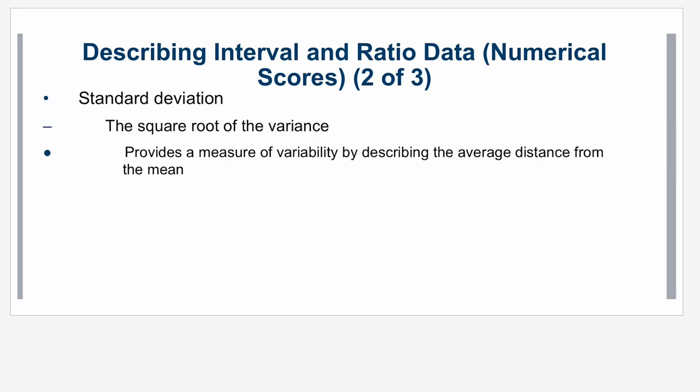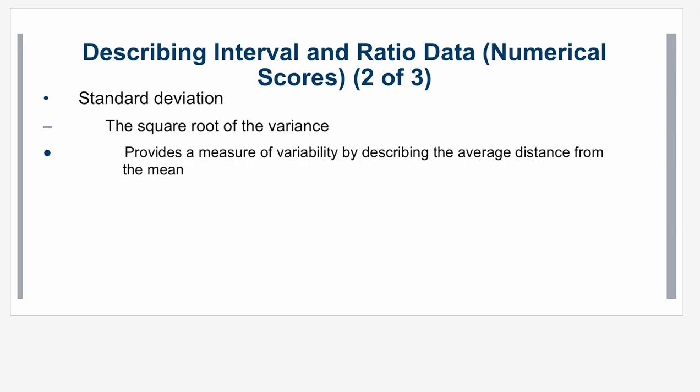When a report says that the standard deviation is 4 for a set of data, that means that the average distance that a score is from the mean is 4. So that would give you an idea of that. Let's say the mean was 10. Then if the average is 10 and the average distance is 4, that would mean that 70% of your scores are falling between 6 and 14, right?